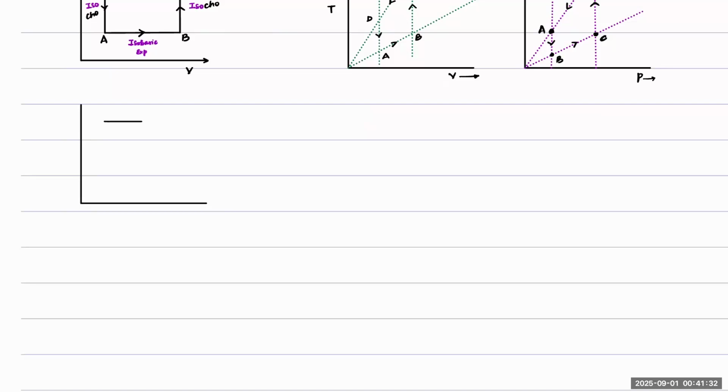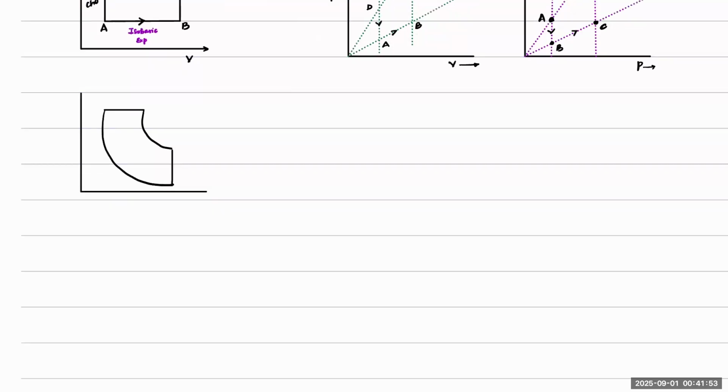One graph goes like this, another graph goes like this. Let's say this is a pressure versus volume graph.